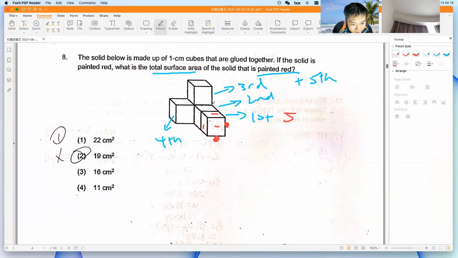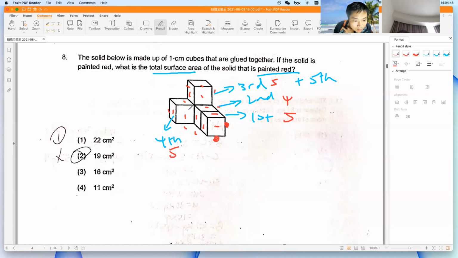And then for the second one it is 1, 2, 3, the below one, 4. So 4 of them. And then of course this piece 1, 2, 3, 4, then 5. Yes, 5. Then continue the fourth one, 1, 2, 3, 4, and 5.